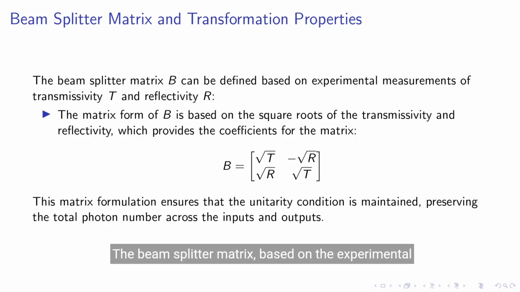The beam splitter matrix, based on the experimental measurements of T and R, is formed with square roots of these values, providing the coefficients for matrix B as follows: square root of T and negative square root of R on the off diagonals, which ensures the preservation of total photon number and respects the unitarity condition.